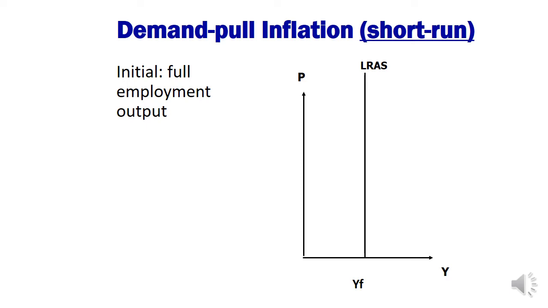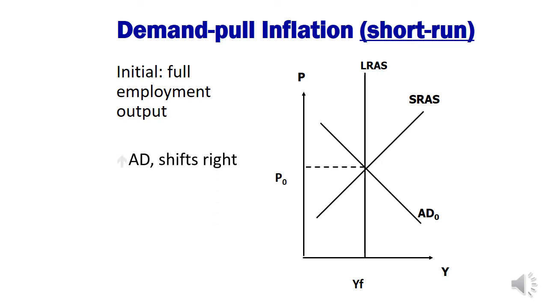Let's take a look at the short run first. We have an initial starting point at full employment output. So let's set up the diagram first. This is your full employment output. Now, as with the article earlier, your consumption rises, so your AD shifts right.